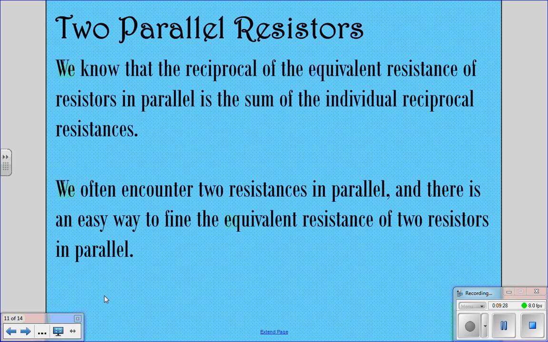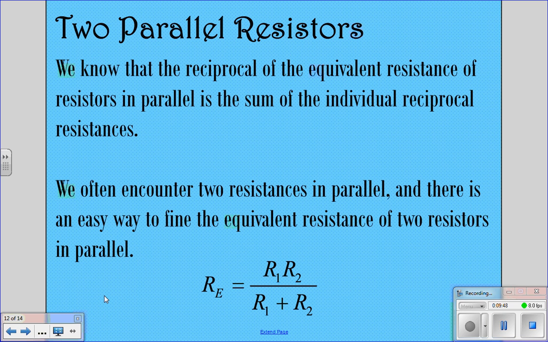We often encounter 2 resistances in parallel, and there's an easy way to find the equivalent resistance of 2 resistors in parallel. It's given by this formula. The equivalent resistance of the 2 would be R1 R2 over R1 plus R2.